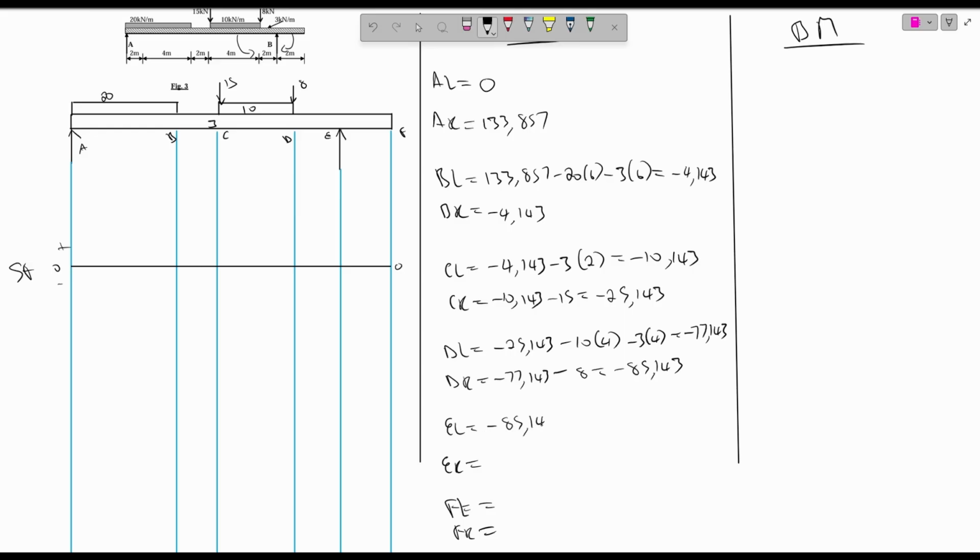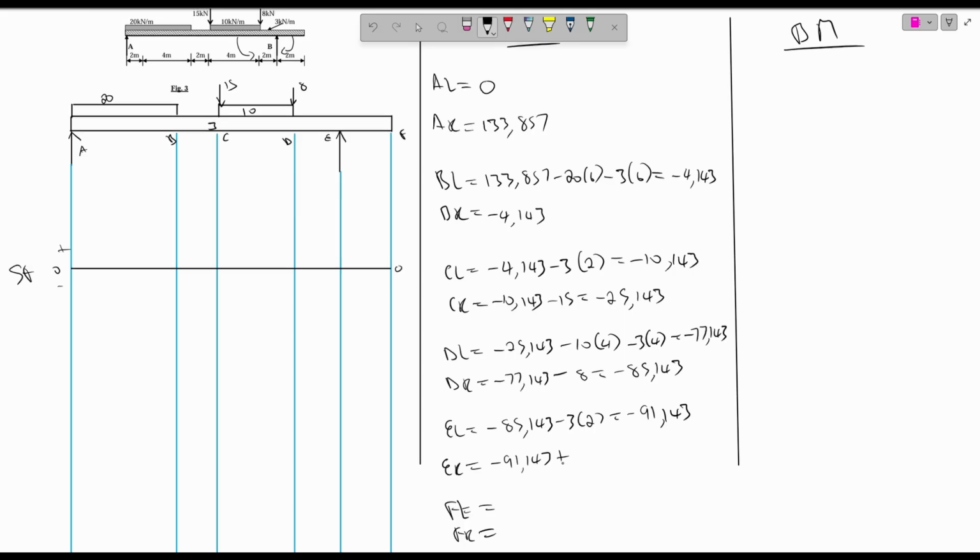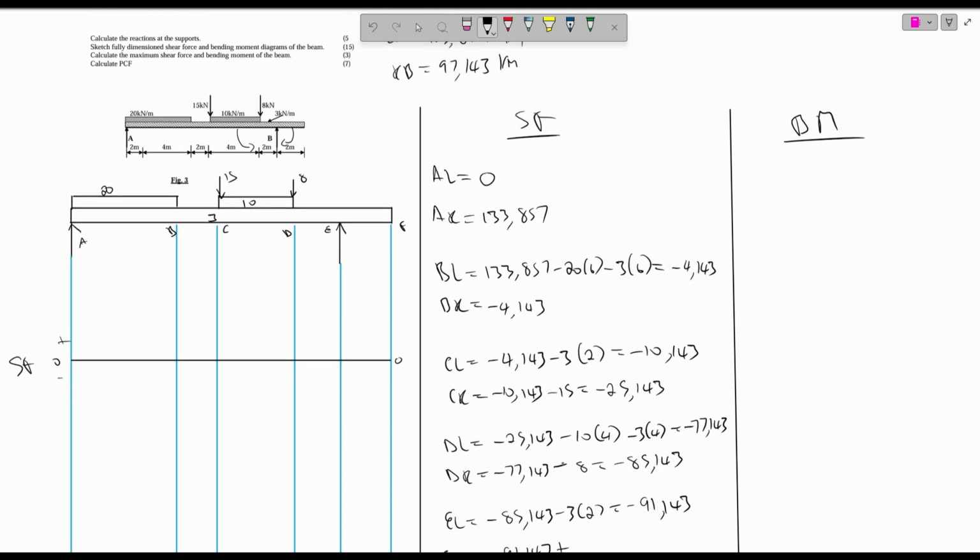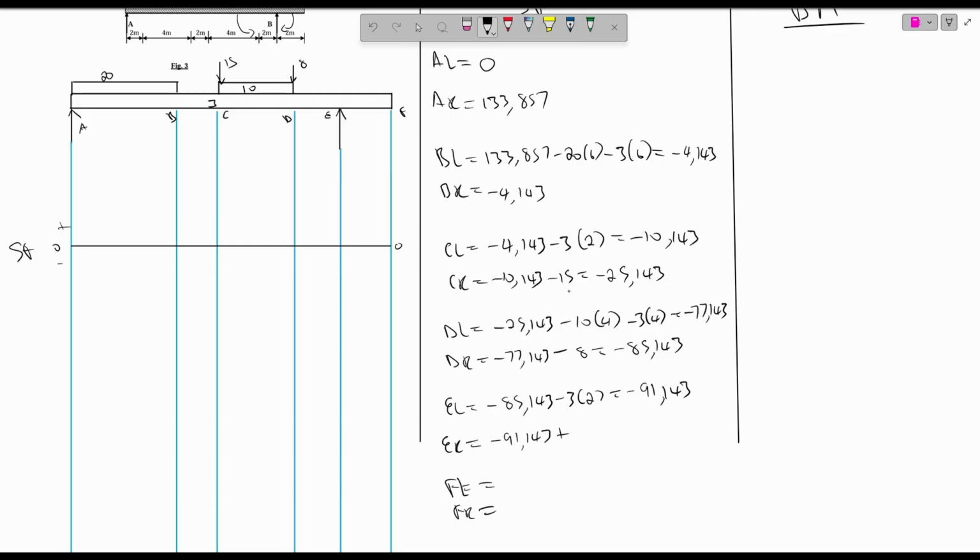Minus 85.143 minus 3 times 2, minus 91.143. E right we have minus 91.143 plus our reaction, which is 97.143.